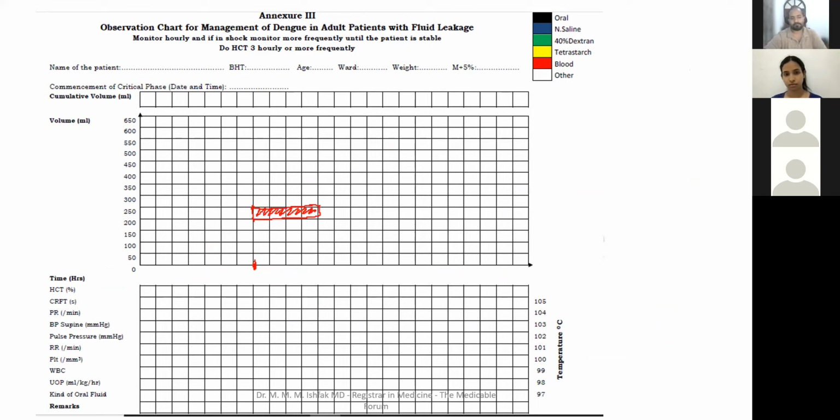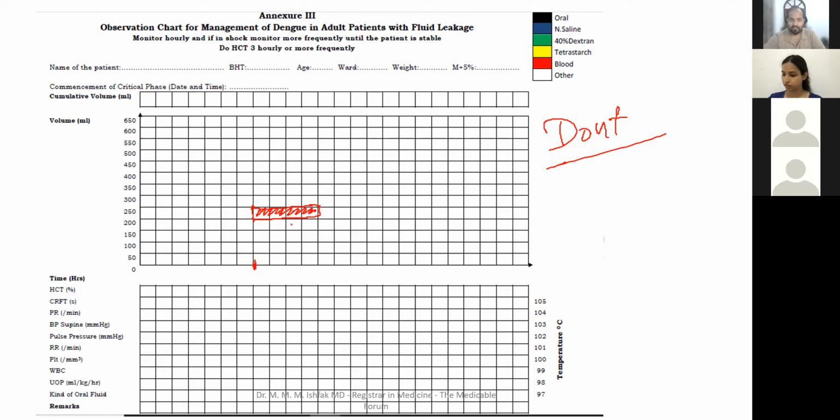You gave blood. Now the thing is, you don't count blood into the fluid quota, because you are replacing something that is lost. So you don't count it in the fluid quota.